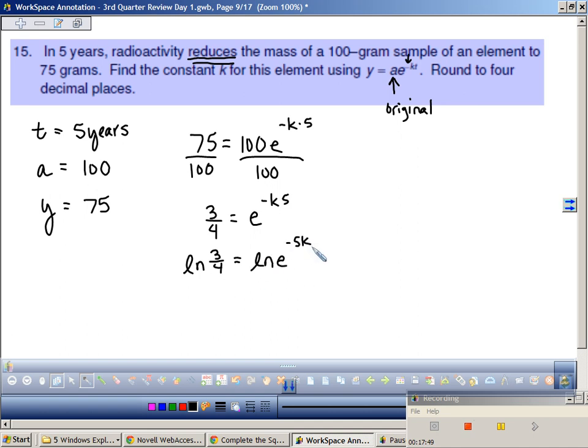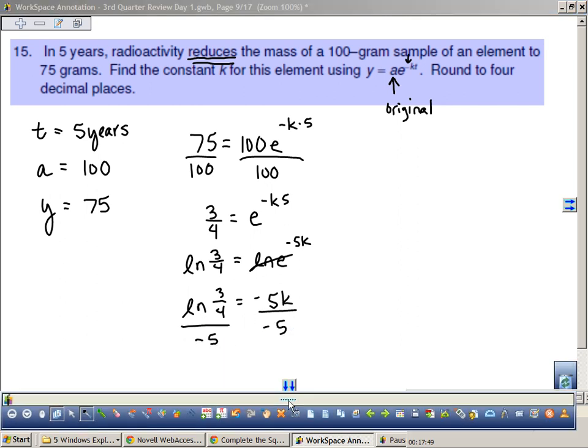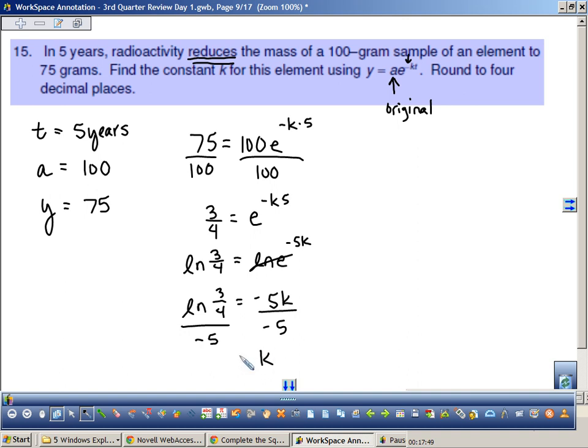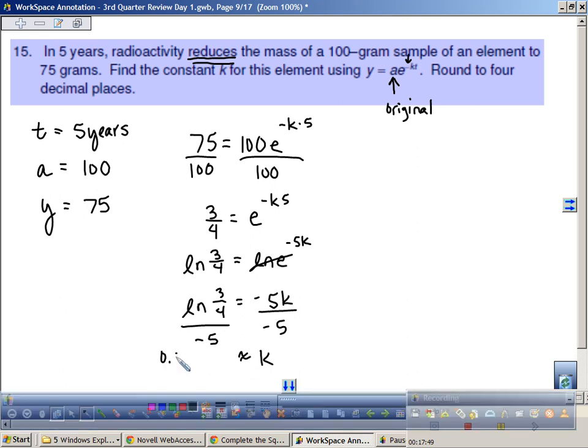We'll just switch that around. 5k. This cancels, and I'm left with ln of 3/4 equals negative 5k. Divide by negative 5, and you should get k is about 0.0575.